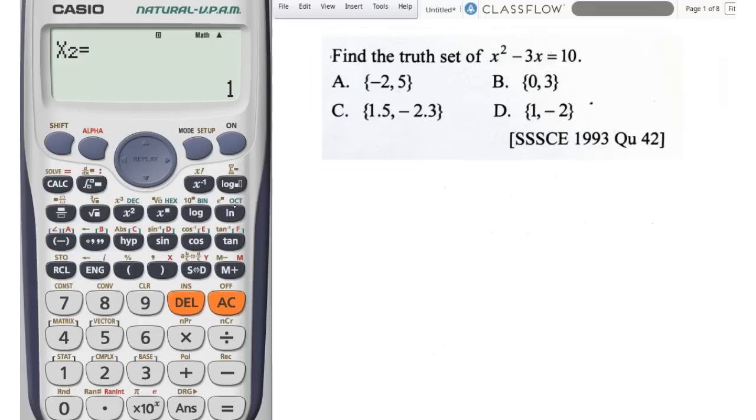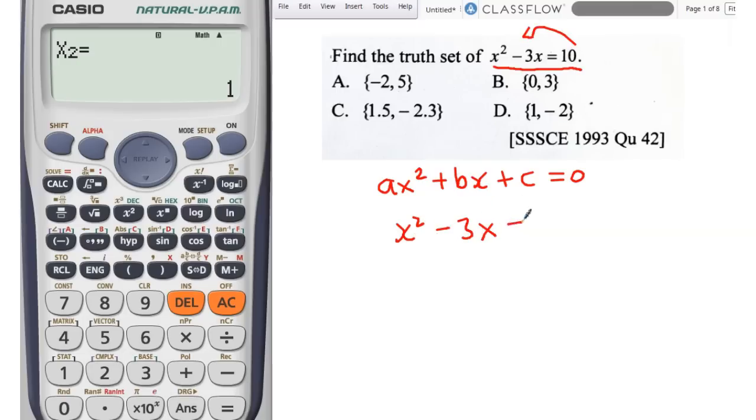1998. So our example 2, always remember the standard. This question is not in the standard. You have to rearrange it. So you have to bring the constant to the left hand side. So we have x squared minus 3x minus 10 equals 0.